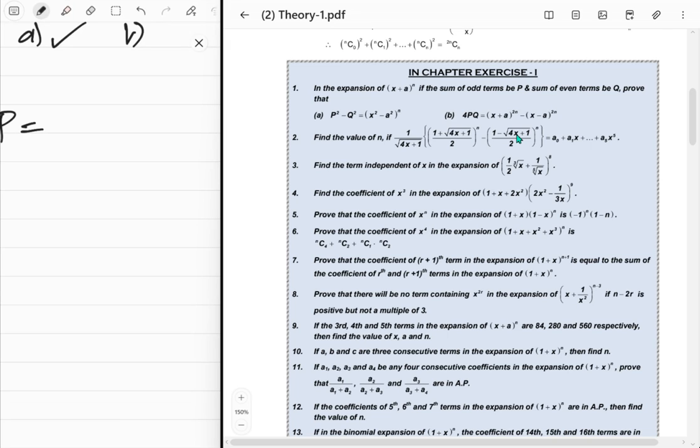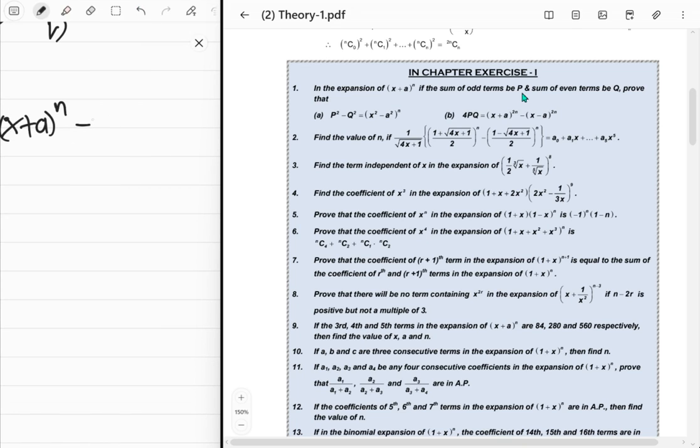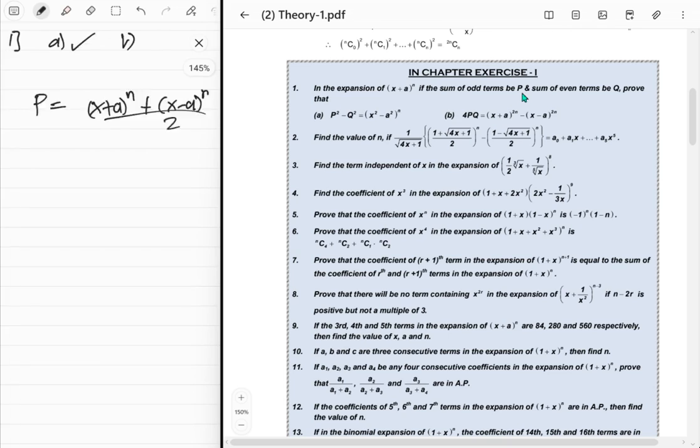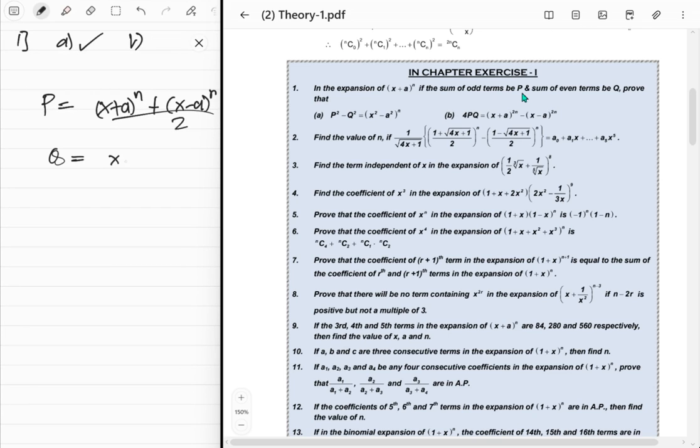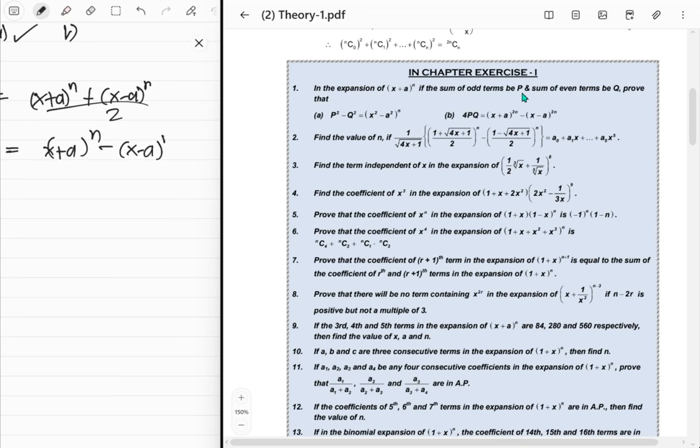So of the odd terms that are the even coefficient terms, that should be P. Yes, so it's going to be x plus a to the power of n, and then you got minus, so even coefficient terms should be plus x minus a power n, and this thing upon 2, and then q is x plus a power n minus x minus a power n, that thing upon 2.